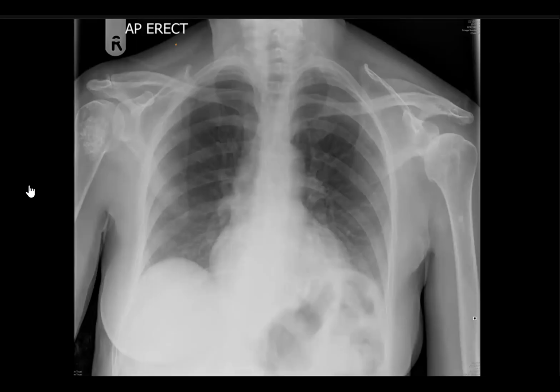Another case. This is a chest frontal projection of a skeletally mature patient. The first striking abnormality is an area of arc and ring-like sclerosis involving the right humeral head, with preservation of the joint space. On the left side, I can see that the humeral head is mildly displaced inferiorly.